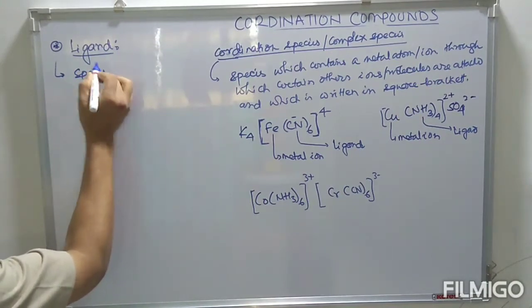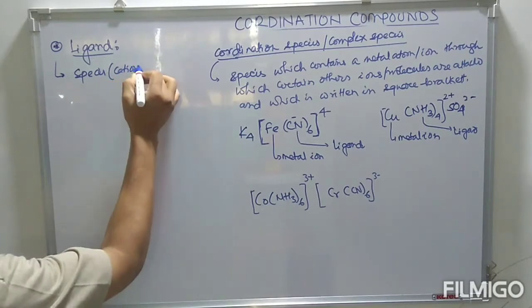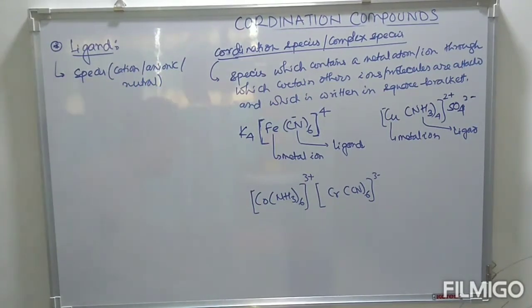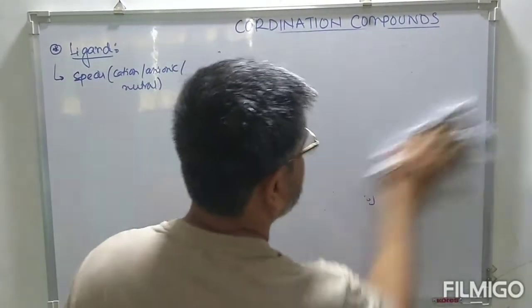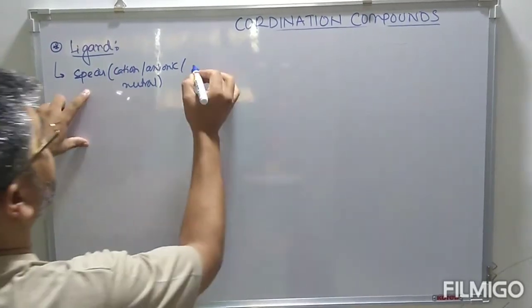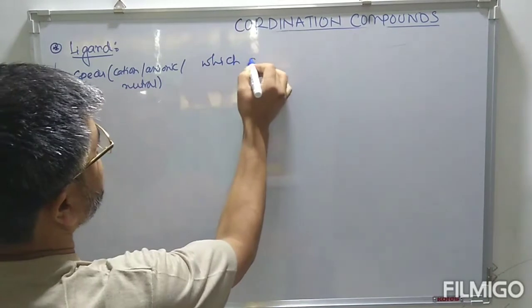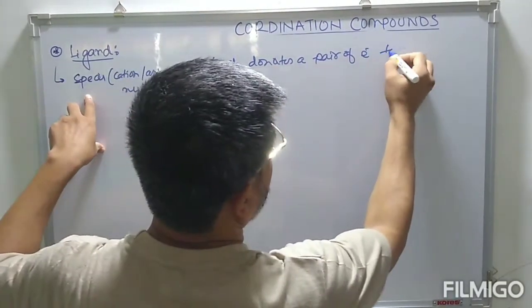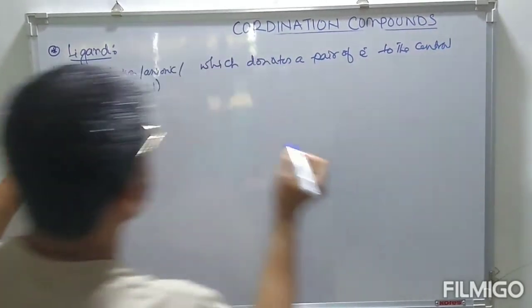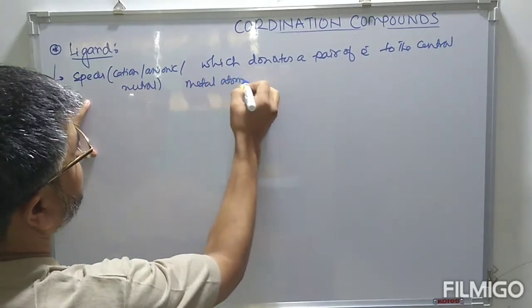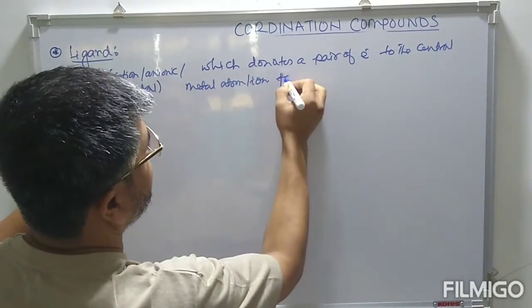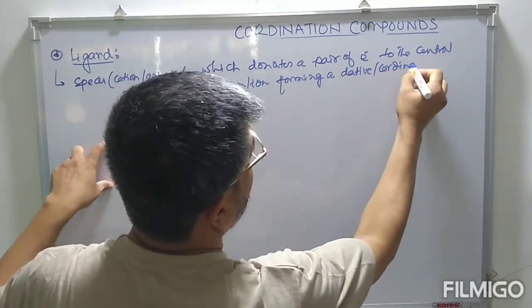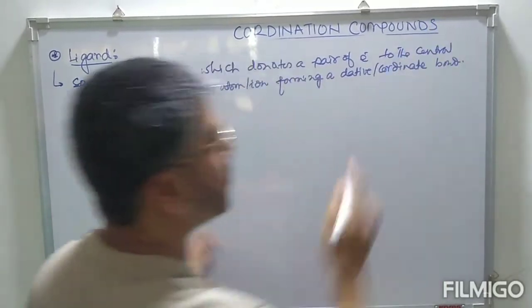So these species may be cationic, anionic, or a neutral molecule, which donates a pair of electrons to the central metal atom or ion, forming a dative or coordinate bond.